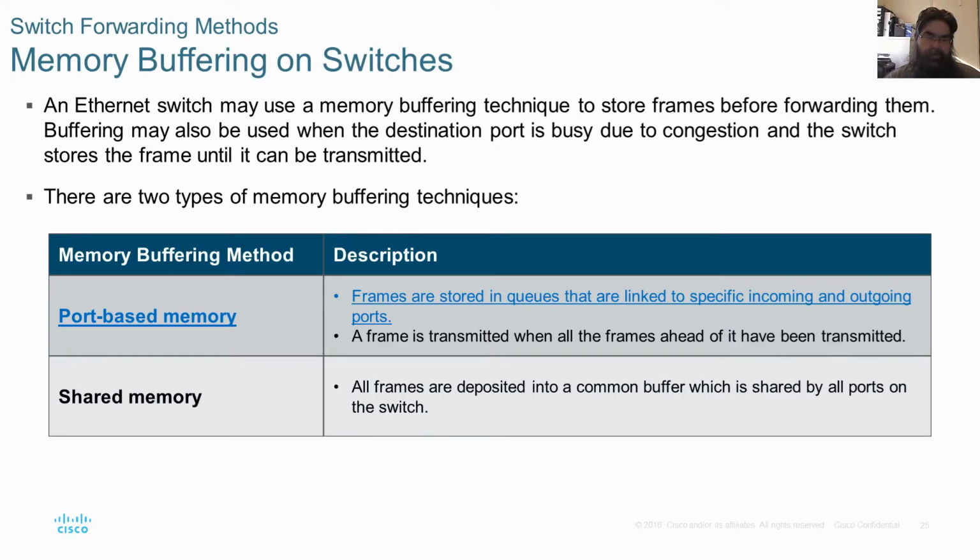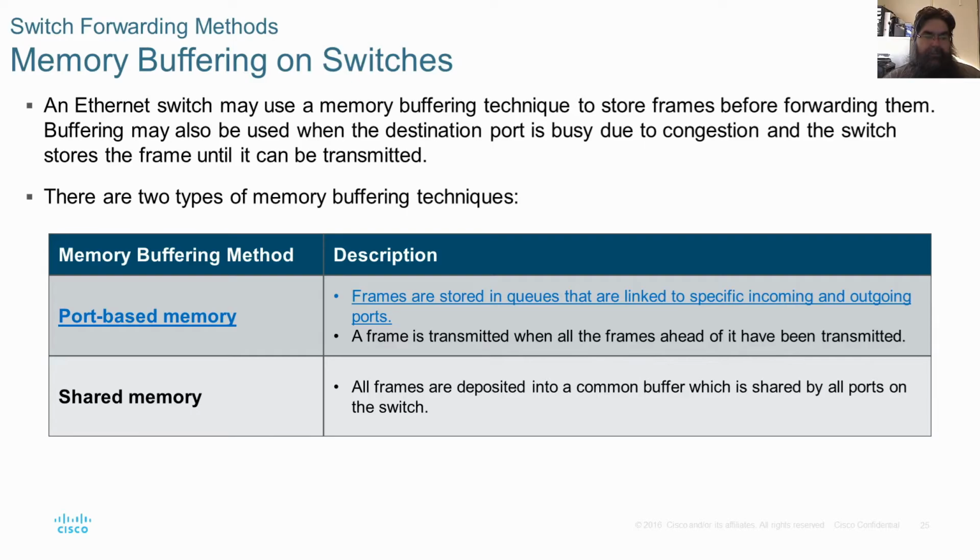We have port-based memory, which means for each port, both incoming and outgoing, there has to be a section of memory assigned to it for buffering. And once that buffer's full, it's full.